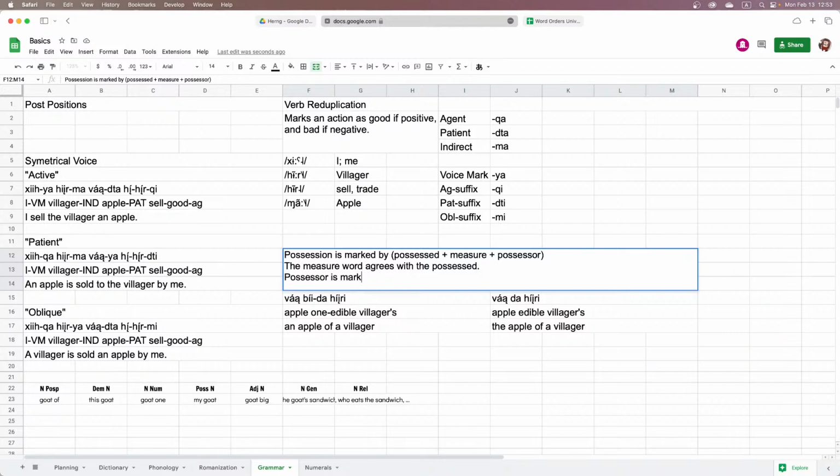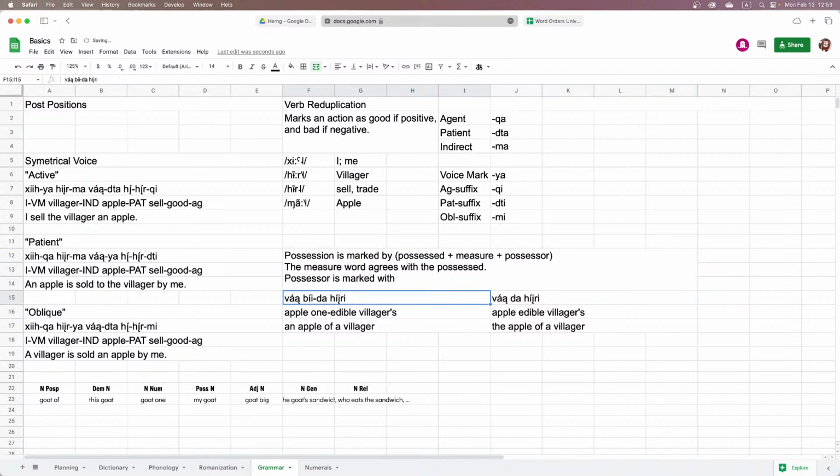Possessor is marked. No, I should have an intervening consonant there to match up the phonology of the language.